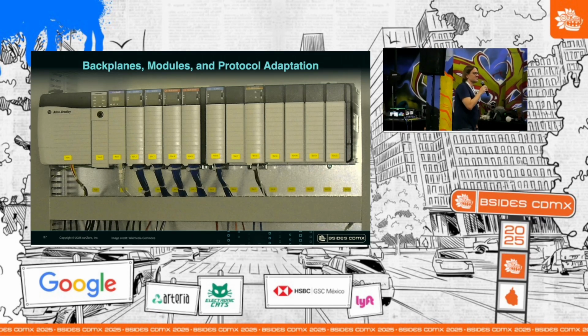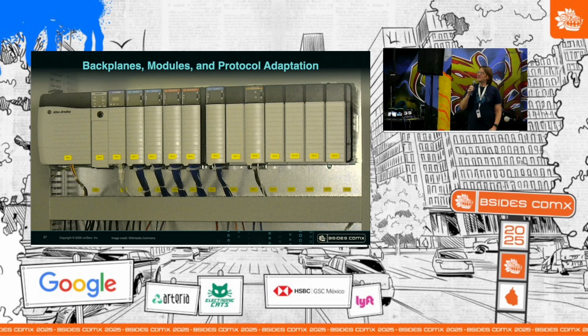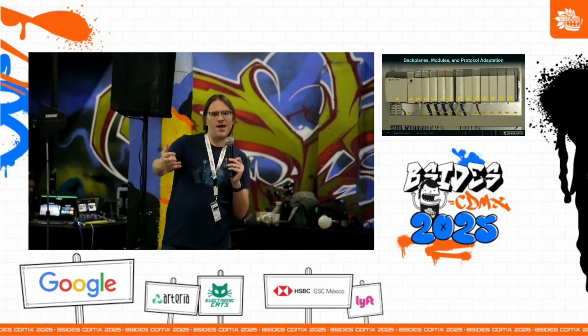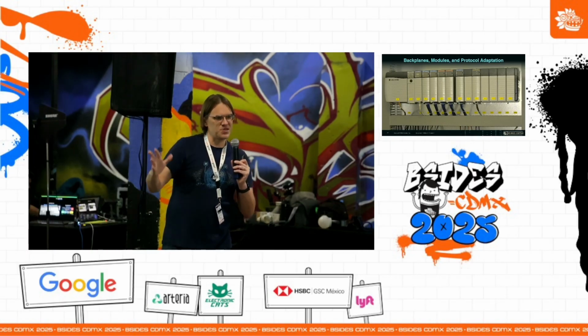This is the part that's so much fun and also so much work. This is what you see on the screen there. That is an Allen Bradley Rockwell ControlLogix rack. As you recall, a lot of these devices, at the end of the day, are just motors and switches and valves and pumps and things.